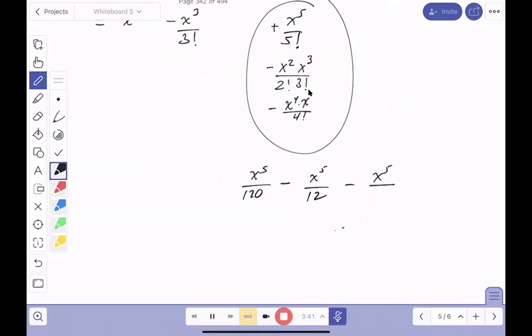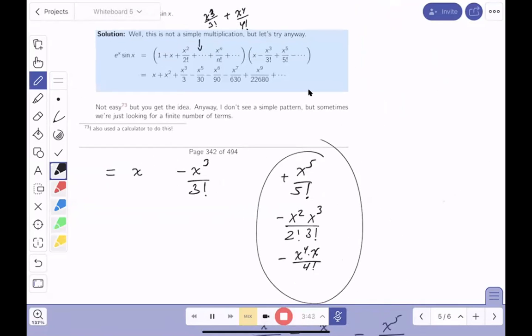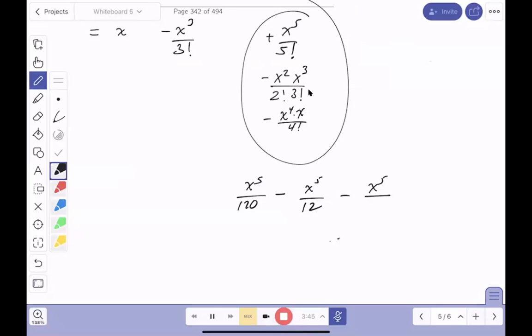And then, wait a second. Yeah, over 4 factorial. What's 4 factorial? It's 4 times 24. So I put 120 down. And that's going to be x5 minus 10x5 minus 5x5, which is going to be minus 14.